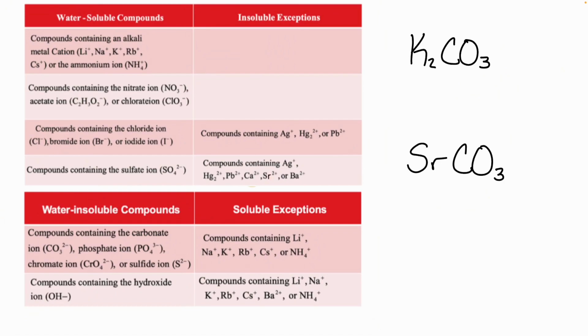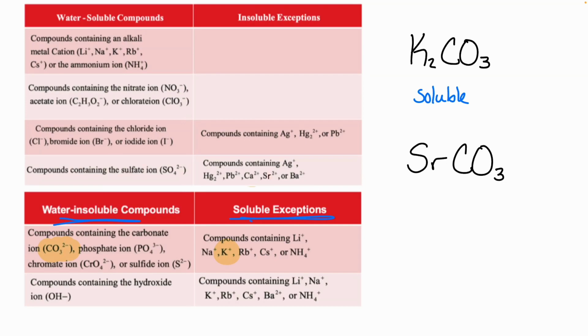All right, so potassium carbonate, what do we think? Soluble or insoluble? So this one is indeed soluble. Carbonate's listed right here on my table. My table's telling me that most carbonate compounds are actually insoluble, but one of the soluble exceptions listed here is when it's paired up with a potassium ion, right?